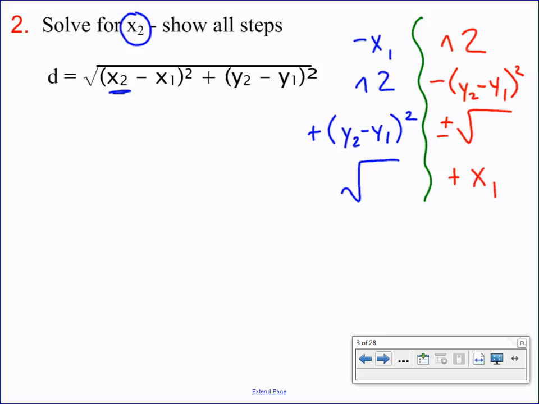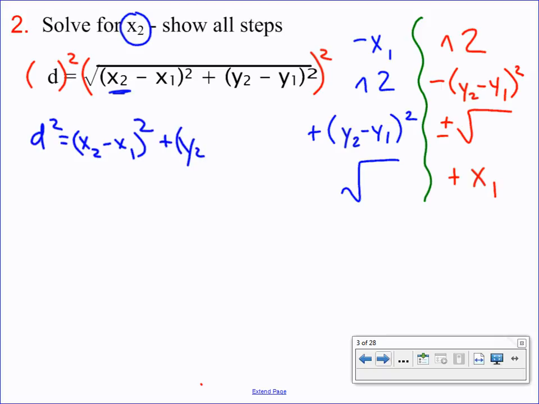So let's go ahead and apply our solving steps in order. First thing, square both sides. So we're going to square both sides. What does that do for us? It gets rid of that big long radical. So I get d squared equals x sub 2 minus x sub 1 quantity squared plus quantity y sub 2 minus y sub 1 quantity squared.